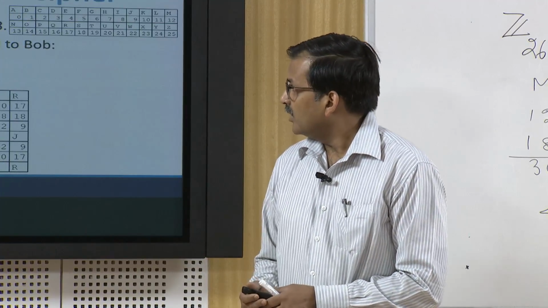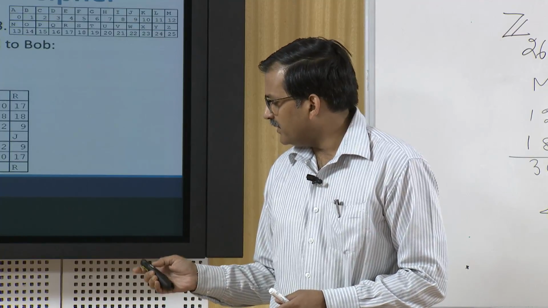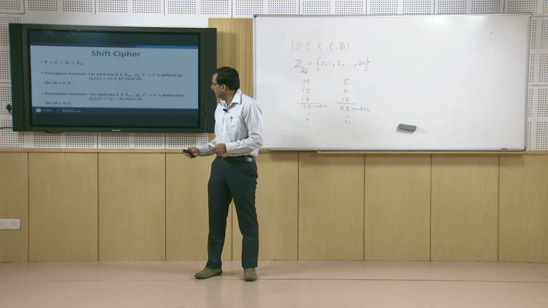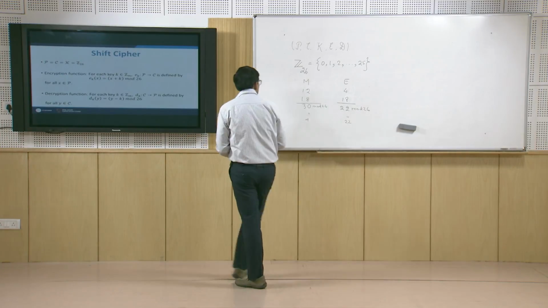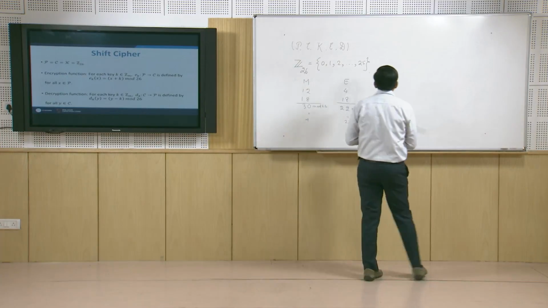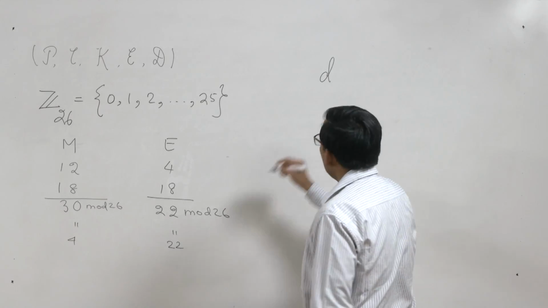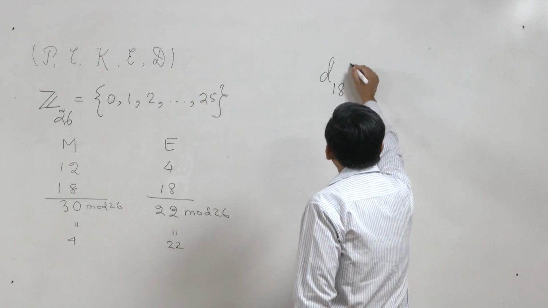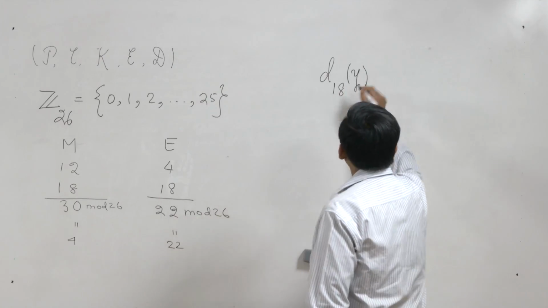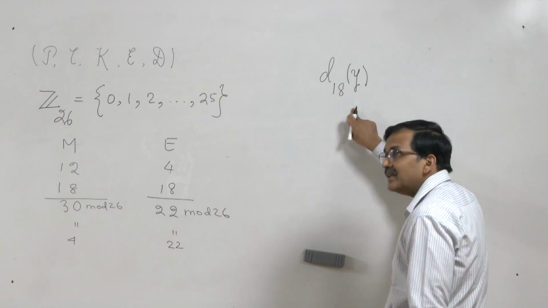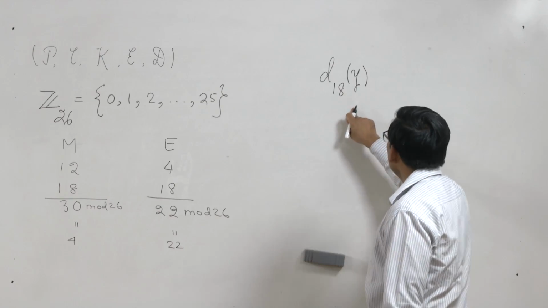Now, Bob goes back to the decryption function, which is over here. Please see that this is the decryption function. So, in this particular case, the decryption function is going to be like this. So, D, the chosen k is 18, and the encrypted letter is y.